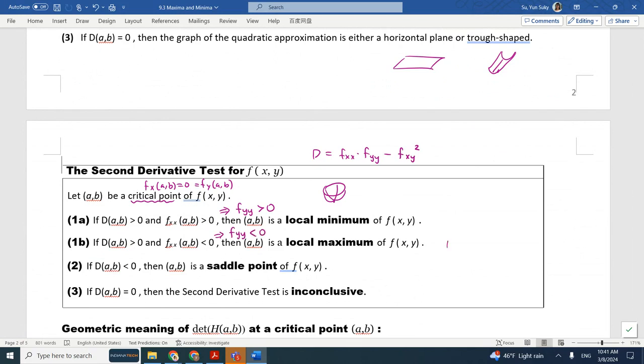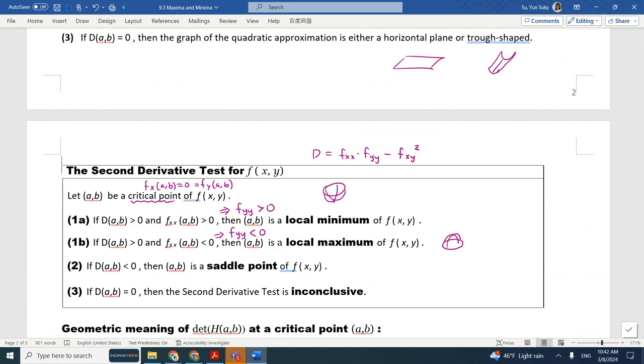It means in the x direction it is concave down. In the y direction it is also negative, so concave down. Can you imagine? You get a bowl, but it's open down. Then that point is a local max. See from the picture, everybody?